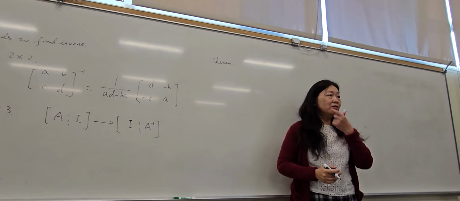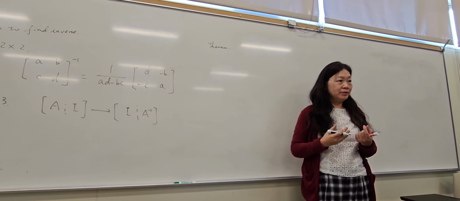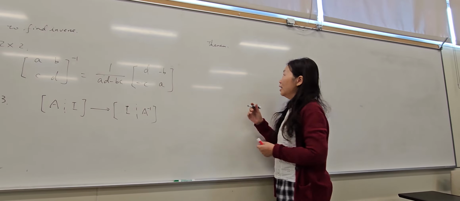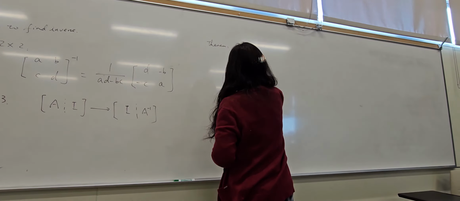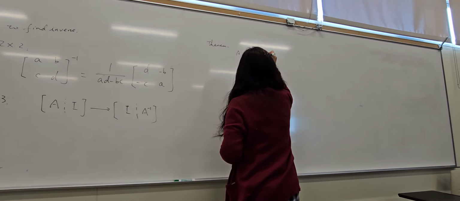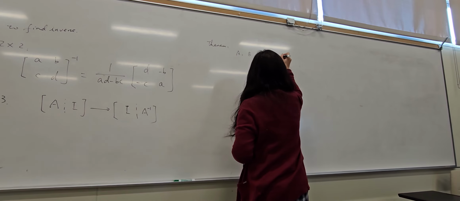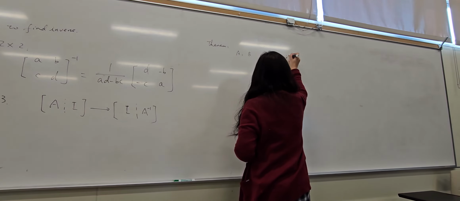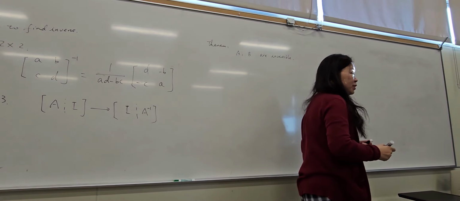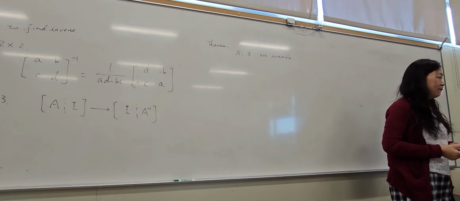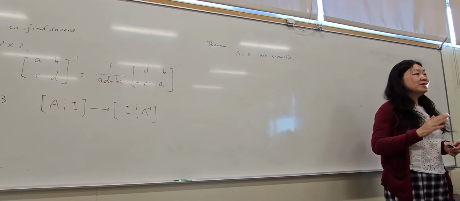This theorem tells you that if you have two matrices, A and B, and they are both invertible. Can any student tell me what invertible means? Has an inverse, that's right.